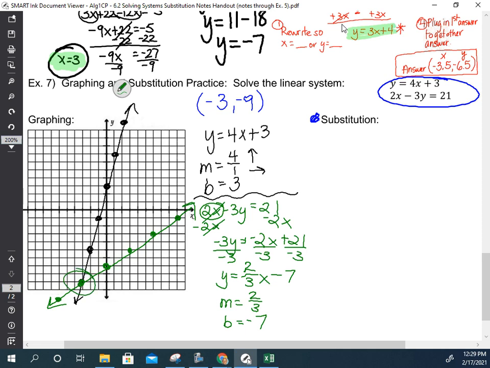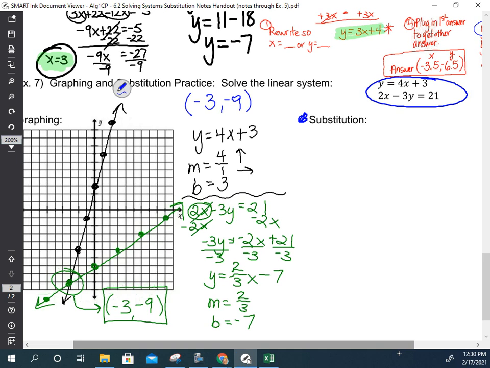So there's the point where they met, which is -3, comma, -9. So that's how it should have worked if you graphed it. Well, not if, when you graphed it.